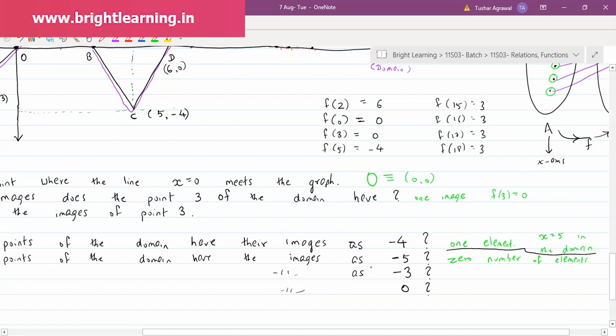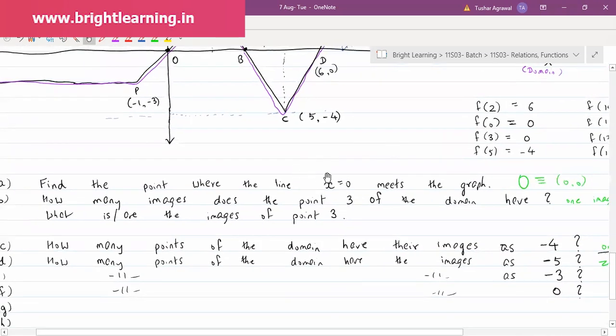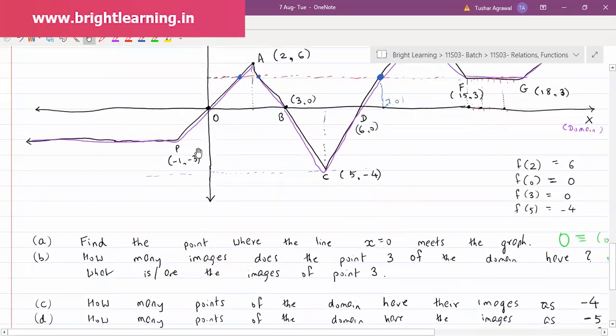And how many points have images as -3? If I tell you -3 also, for the image to be -3, consider this complete horizontal line. How many elements are there? For this point, x equal to -1.